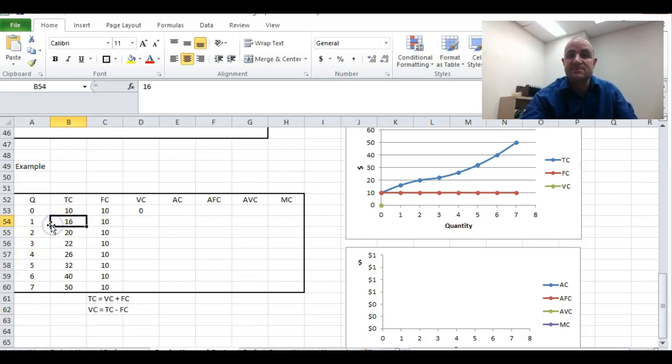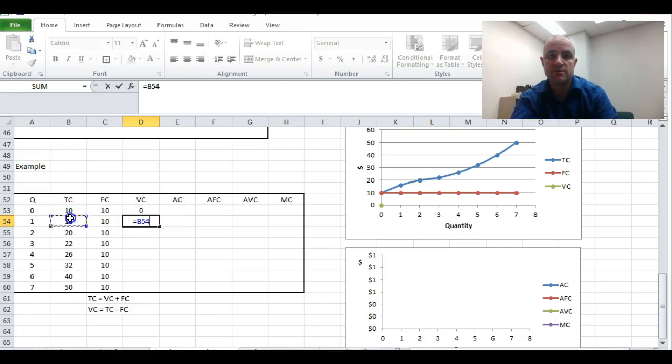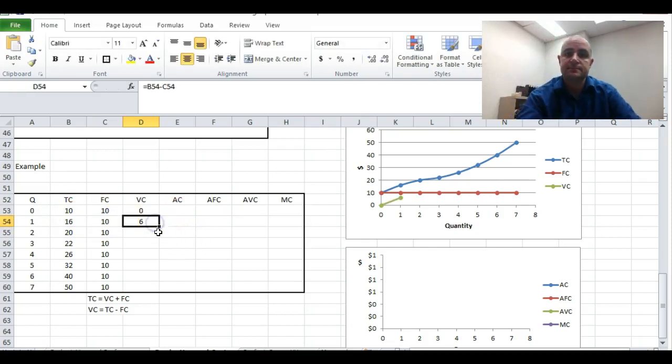So that 16 is made up of the fixed cost of 10 and the variable cost. By simple subtraction, you can find that to be 6. If we do that all the way down, we get 10, 12, 16, 22, 30, and 40.